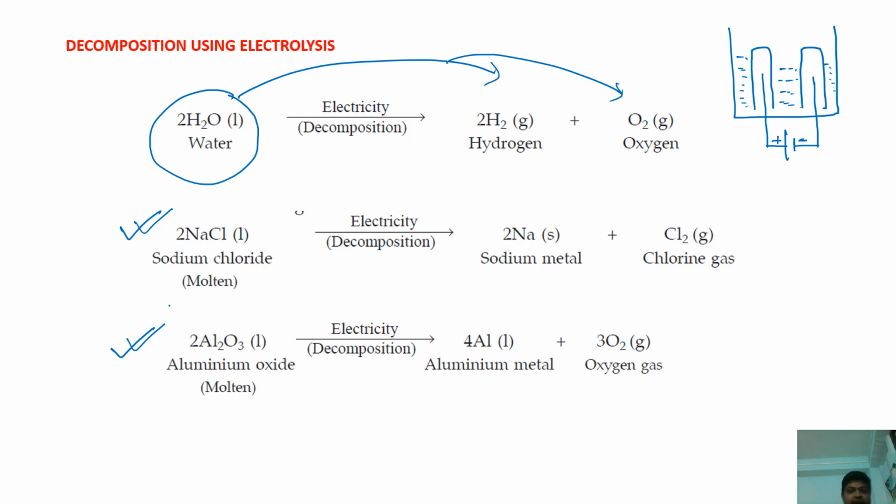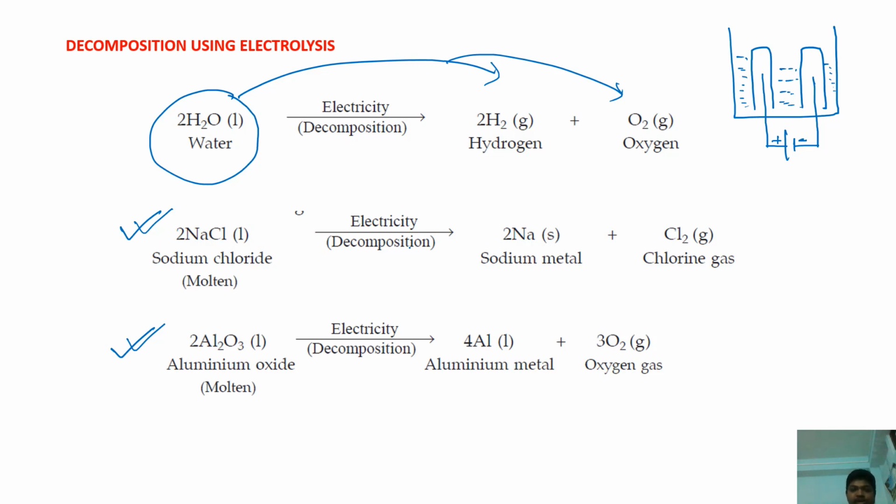Whenever you pass electricity through the solution of aluminum oxide, it is broken into ions, the aluminum ion and the oxygen ion. As I said, the positive and negative ions are attracted by the carbon rods in the test tubes, so you get aluminum and oxygen gas separately.